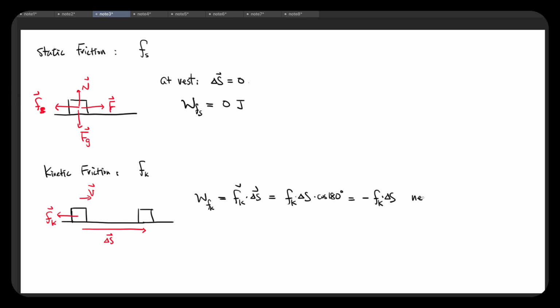So kinetic friction always does negative work. But again, it's not necessarily so. Let me give you one more example about positive work by kinetic friction.